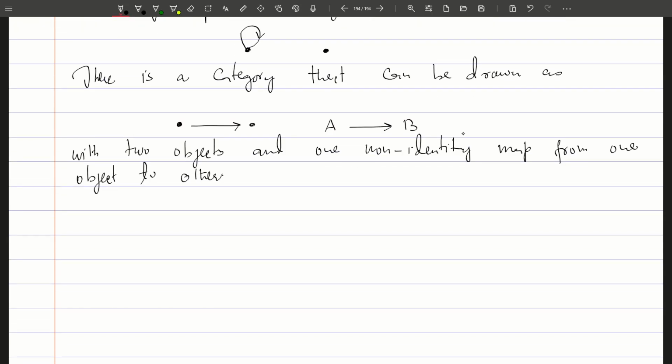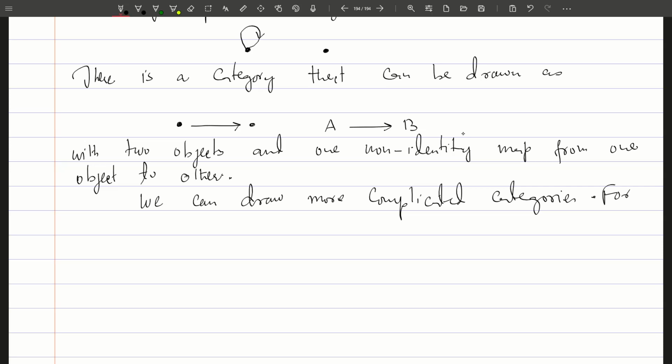Similarly, we can draw some more categories which are somewhat complicated. For instance, we have the following categories.